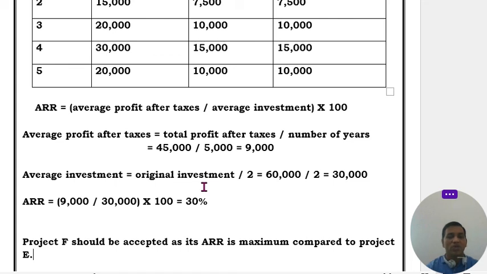In the next video, I will discuss in detail the second category, the modern discounted cash flow or time adjusted methods used to evaluate capital budgeting proposals: net present value method, profitability index method, and IRR, internal rate of return method. These three methods will be covered with different practical examples in part 3.